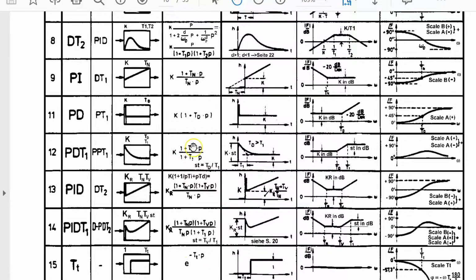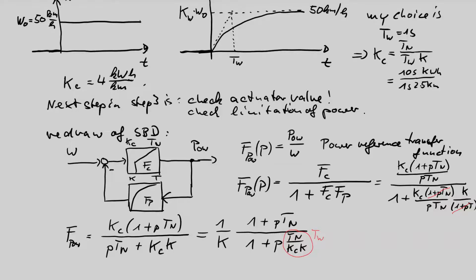So exactly we have found that the power reference transfer function in our case is a PDT1.